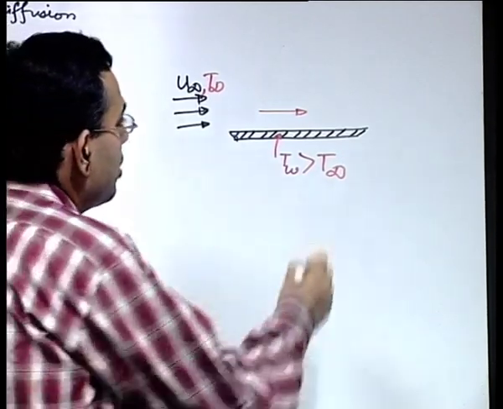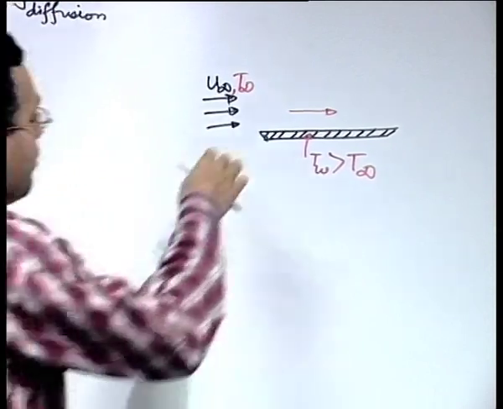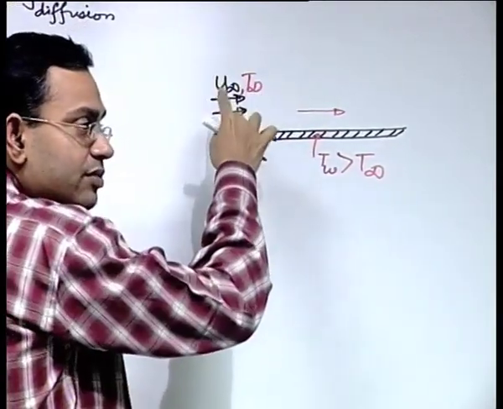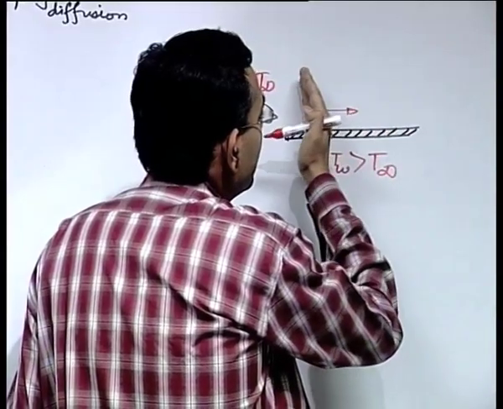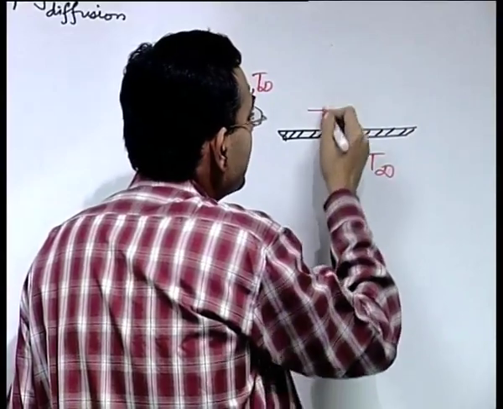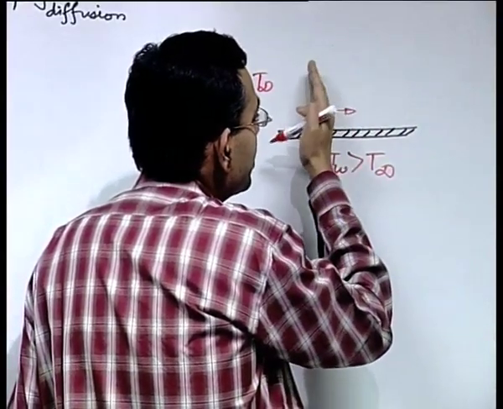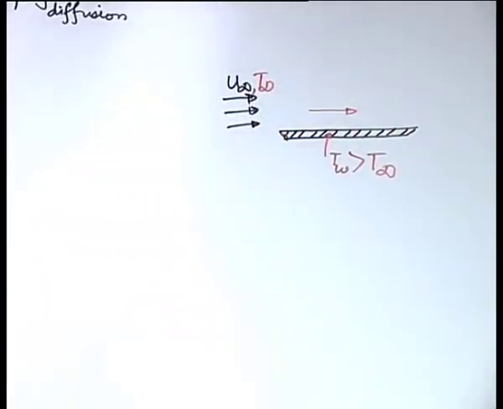There is a transport of heat along the axial direction. What is the predominant mechanism? Typically if the velocity is quite high, then there is a bodily movement of the fluid from one point to another point, and whatever heat is going to the fluid is being transported from one point to another because of this bodily movement.